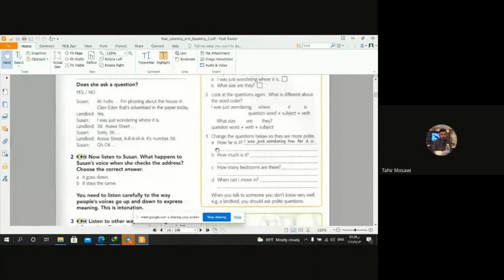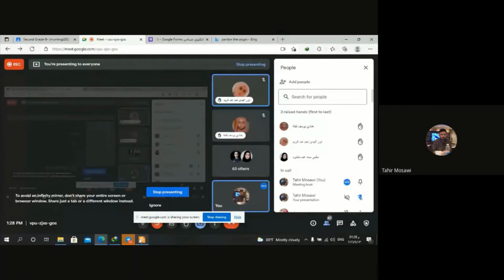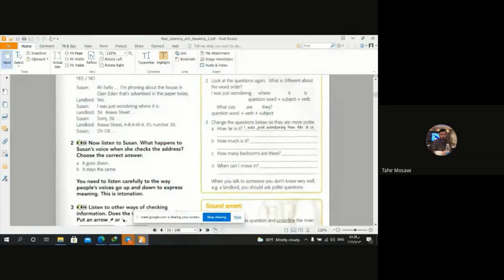فهنا من يريد تغير السؤال ممكن هيك نوع من الأسئلة أيضا تيجي بالامتحان، أنه أقول حول هاي الأسئلة لأسئلة أكثر polite. How far is it؟ شو يسوي؟ I was just wondering how far it is. عندنا how much is it؟ سلمى؟ نعم دكتور. شو راح يصير؟ I was just wondering how much it is.